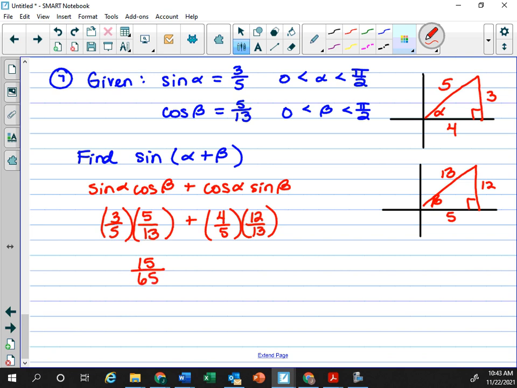Good. Plus 4 times 12, 48 over 65. You should always end up with common denominators when you're doing this. If not, go look again. Something went wrong, okay? Then we're just adding. So what's 15 plus 48? So your answer is 63 over 65.